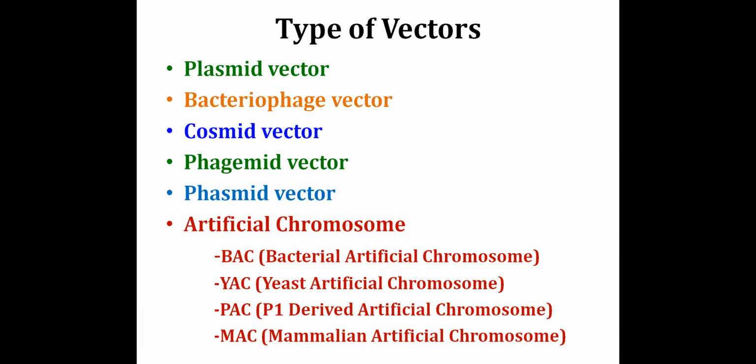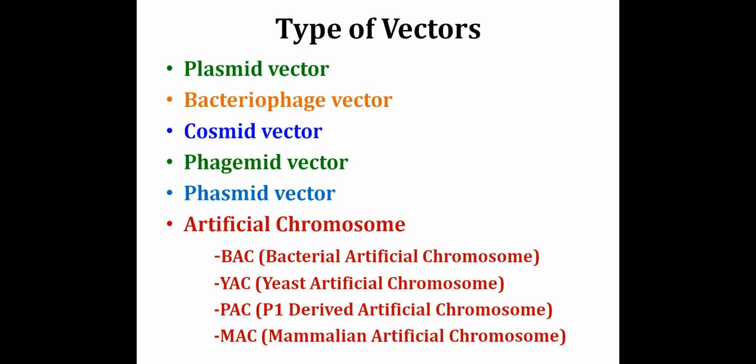Now the types of vectors. As I have told, any extrachromosomal DNA which has self-replicating capacity, a selectable marker, and an MCS can serve as a vector. There are several types of such engineered DNA molecules which can carry the gene of interest into a suitable host.